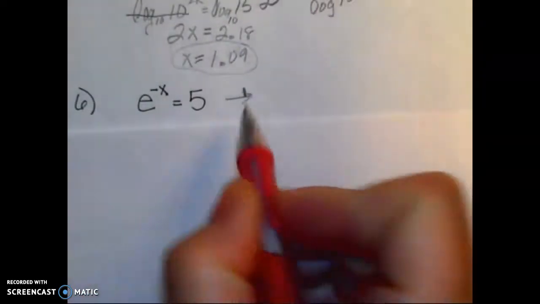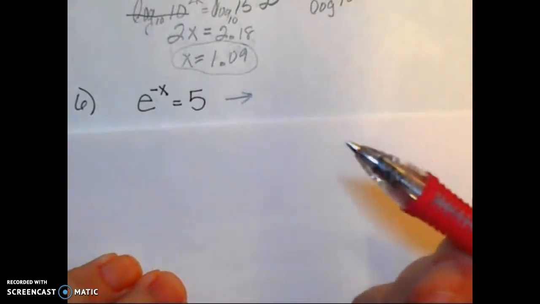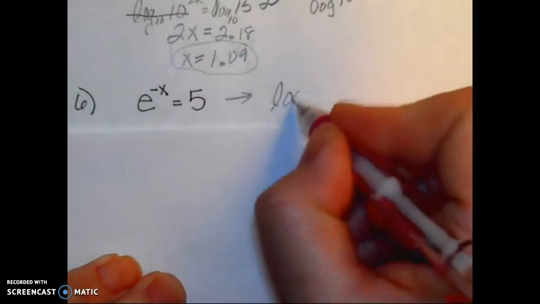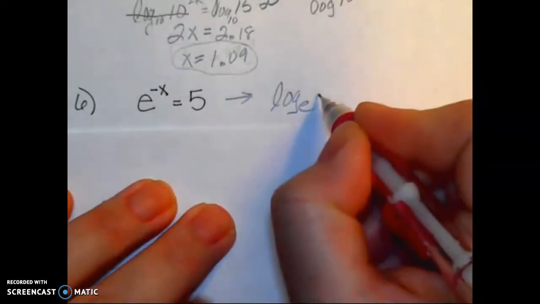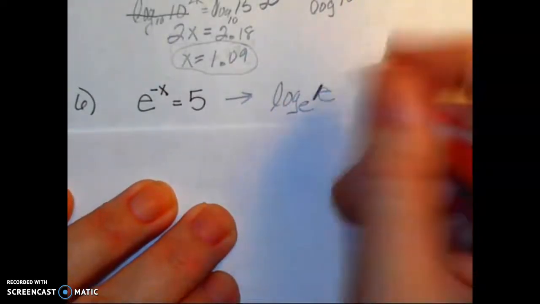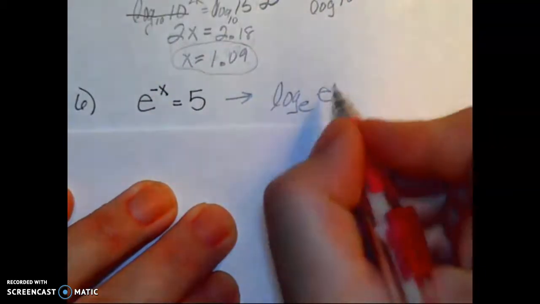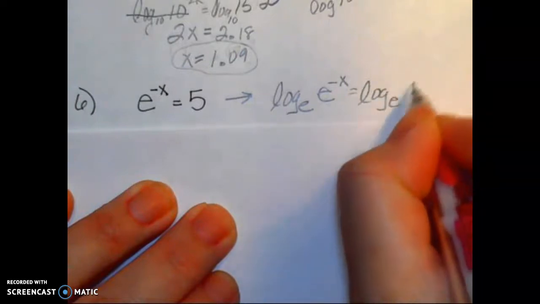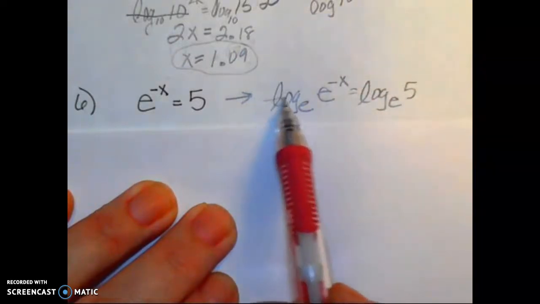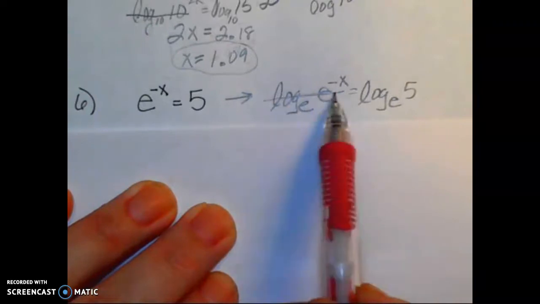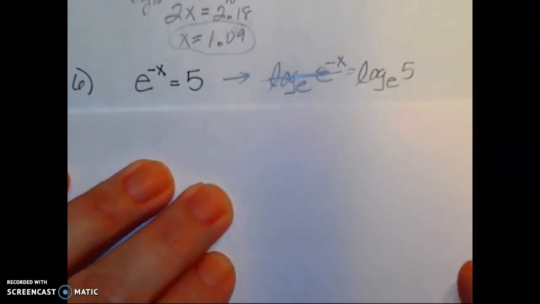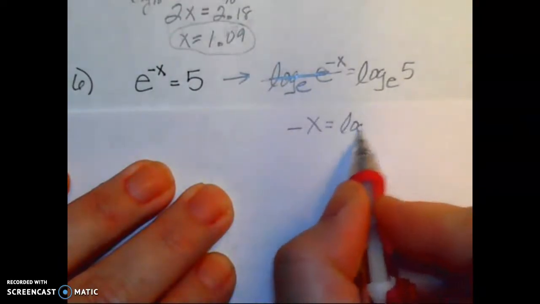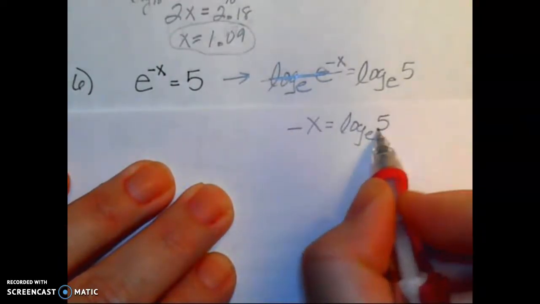Let's come over here. So to eliminate the e, we're going to multiply by log sub e. I'm being so aggressive with my pencil. There we go. The log sub e and the e's cancel. Cross it off. And you get negative x equals log sub e of 5.